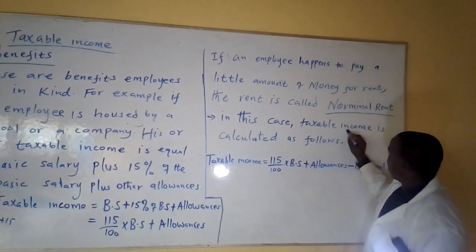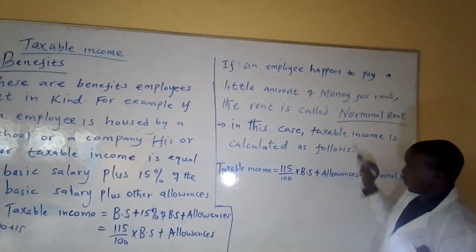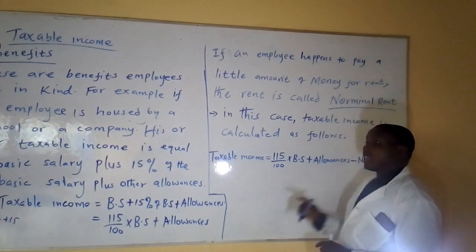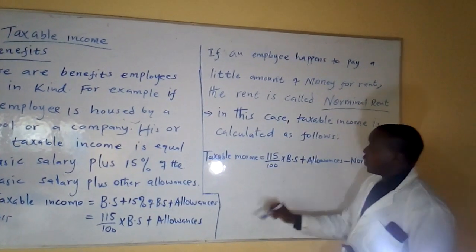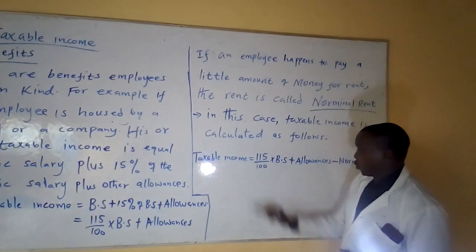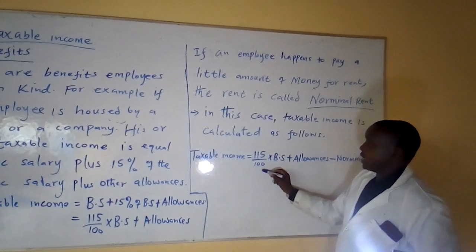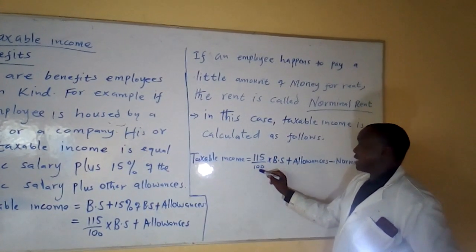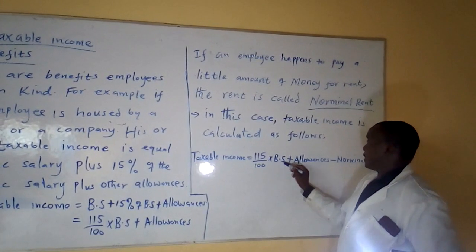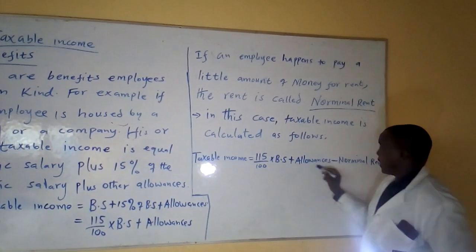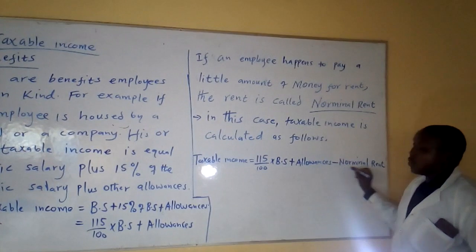Taxable income is calculated as follows. If an employee is paying nominal rent, then taxable income is equal to 115 over 100 times the basic salary plus allowances, and then you subtract the nominal rent.